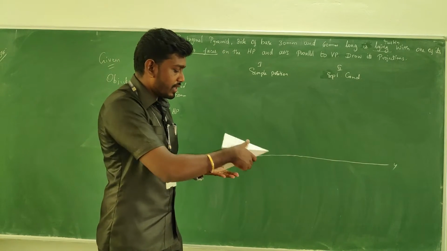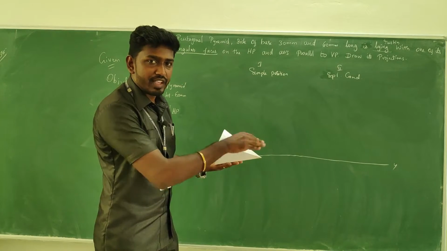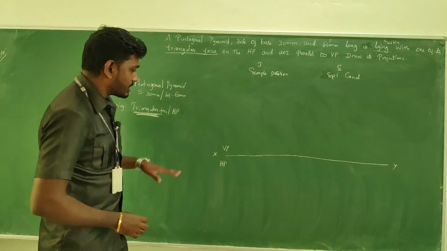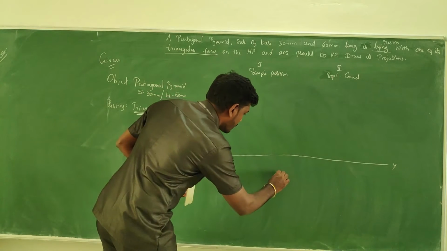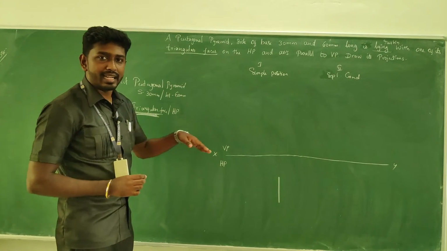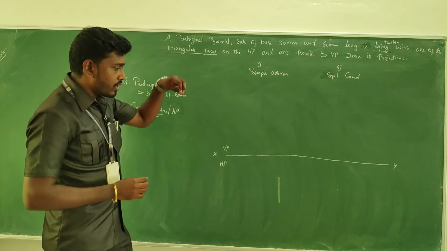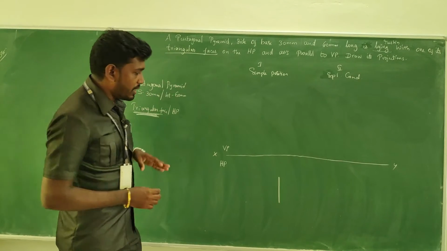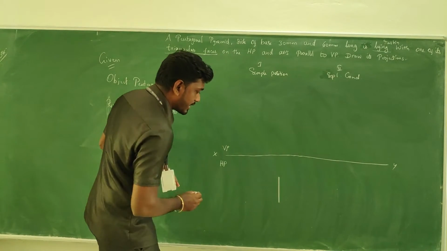Only then, when you tilt it, will the triangular face rest on HP. So here we are going to construct the pentagon by keeping one of its edges at the right side. In the top view we will see the true shape, so here in the top view I have taken it.